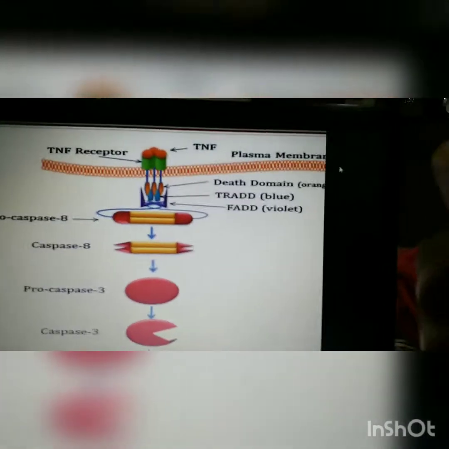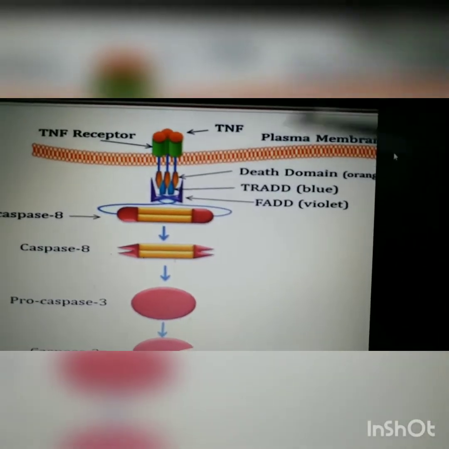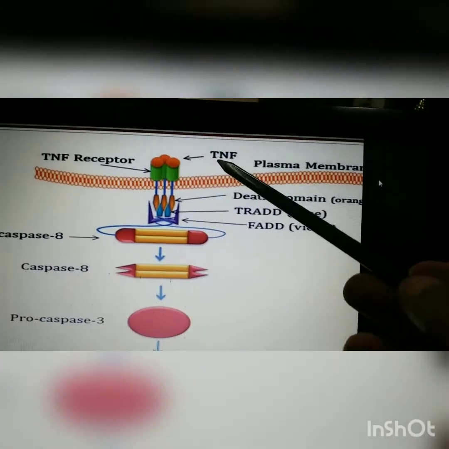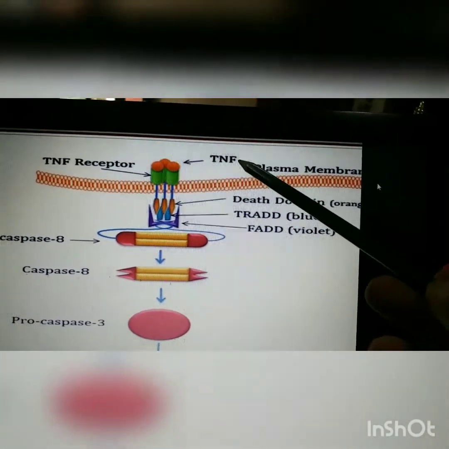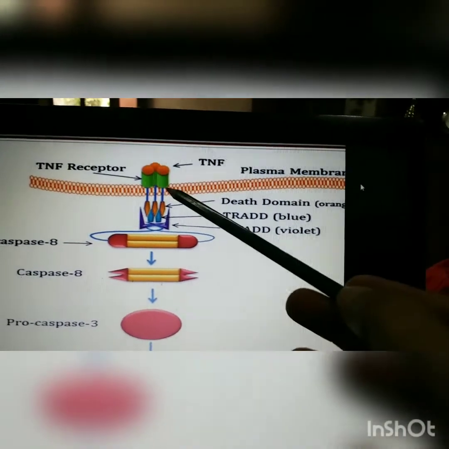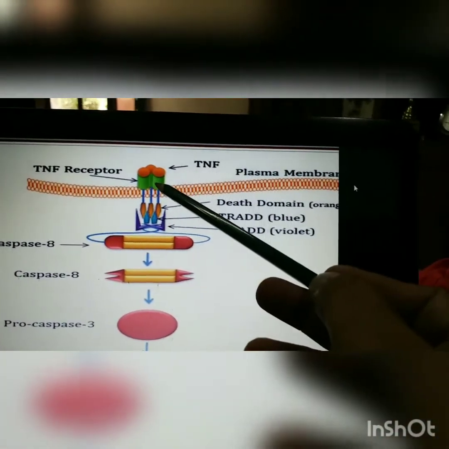Here I will explain just a moment, but first see this slide. Here the factor called TNF comes from outside. That is why it is called extrinsic, outside the plasma membrane. In the plasma membrane are TNF receptors which receive it.